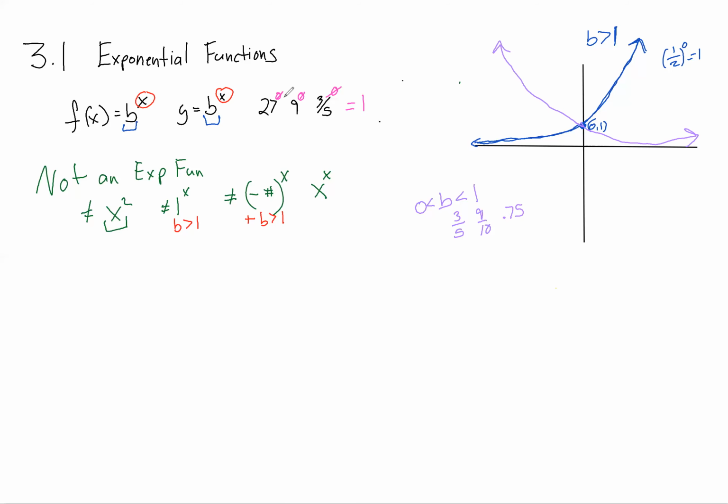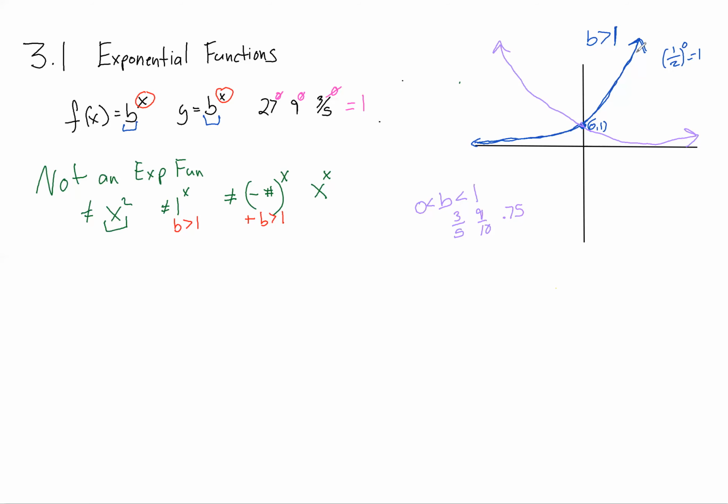Any number to the 0 is always going to be 1. And there are times when things do not qualify as an exponential function, specifically if the variable is in the base, if the base equals 1 or a negative number, or we have variables in both.